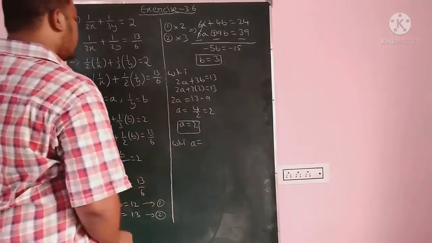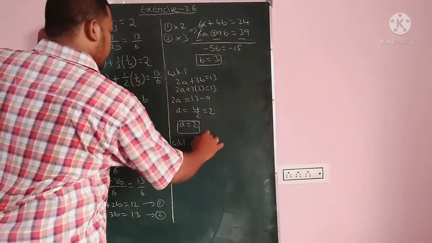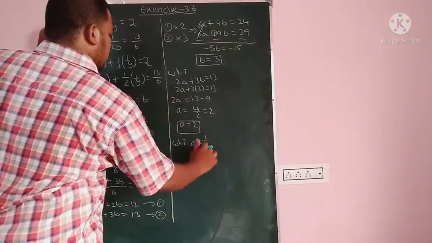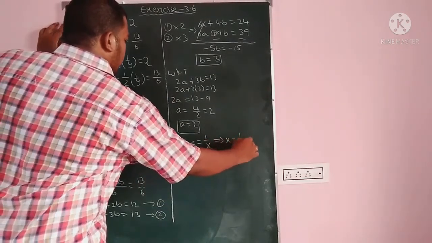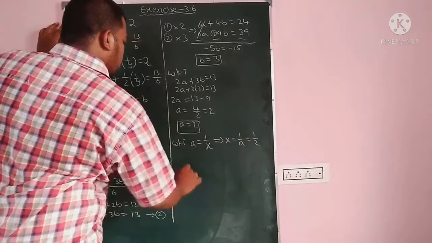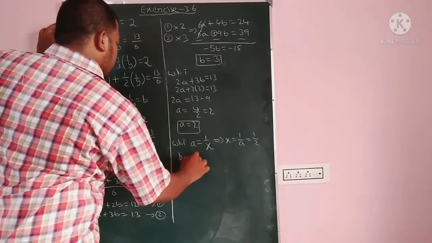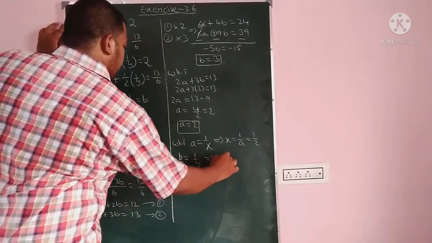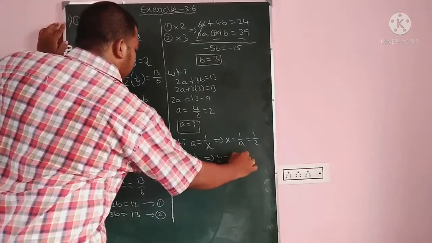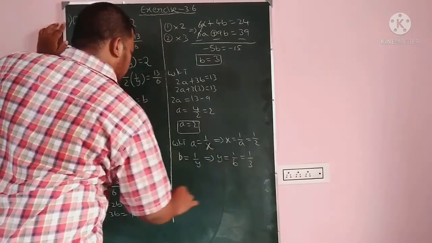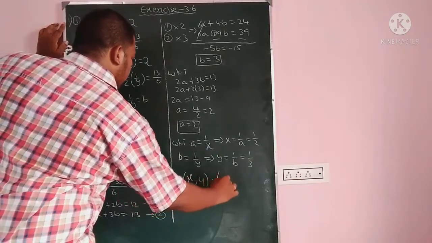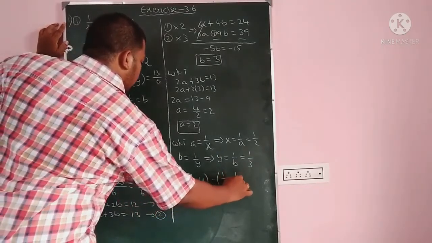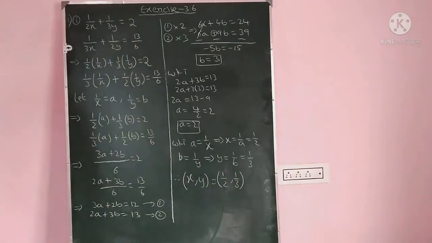We know that a is equal to 1 by x, so we can write x is equal to 1 by a, that is equal to 1 by 2. Similarly, b is equal to 1 by y, so y is equal to 1 by b, that is equal to 1 by 3. Therefore finally x comma y equals 1 by 2 comma 1 by 3. So this is the solution.